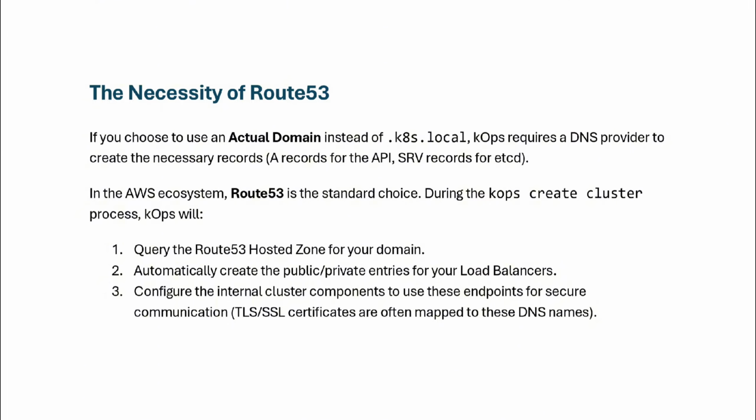So for production grade, we use Route 53 as a DNS provider. It queries the Route 53 hosted zone for our domain, creates public and private entries for our load balancers, and configures internal cluster components for secure communication. These are often mapped to these DNS names via TLS or SSL certificates.